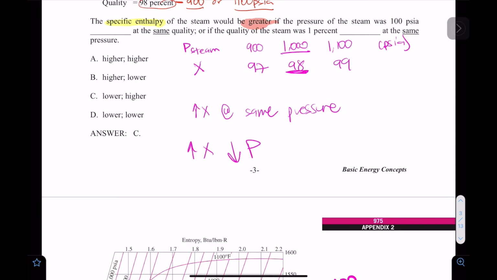So if the pressure was 100 psia lower and the steam quality was 1% higher, and yeah, that's our answer. That's what's going to give us the greatest enthalpy in here. So the specific enthalpy of the steam will be greater with that answer.